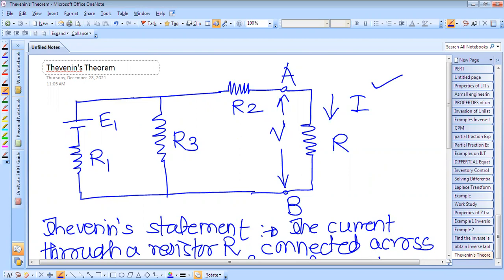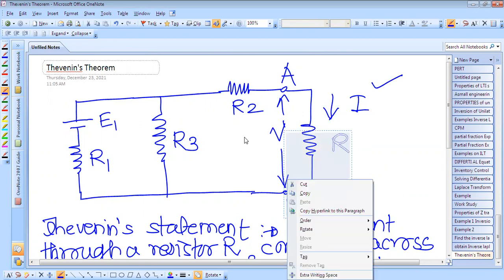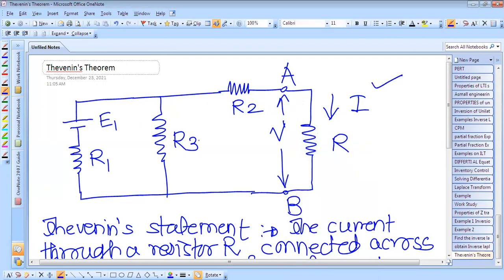The current flowing through this resistance R connected between the points A and B of an active network is obtained by dividing the potential difference between A and B, with R disconnected, by R plus R, where this R is the resistance of the network measured between these points A and B with R disconnected.